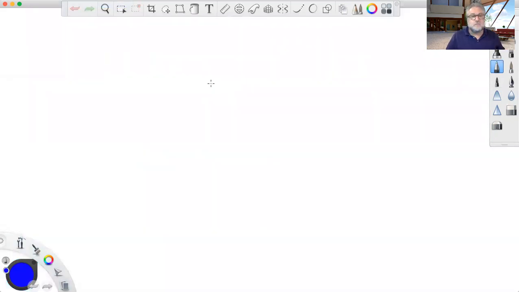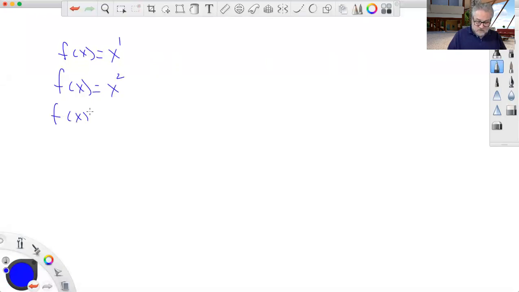First of all, a power function is something like this. This is a power function because it's x to a power. Here's another power function, right? You know these, f of x equals x to the n is a power function.